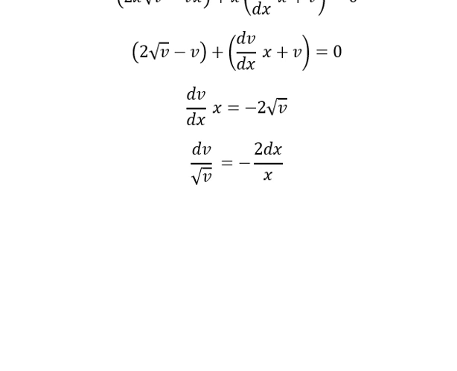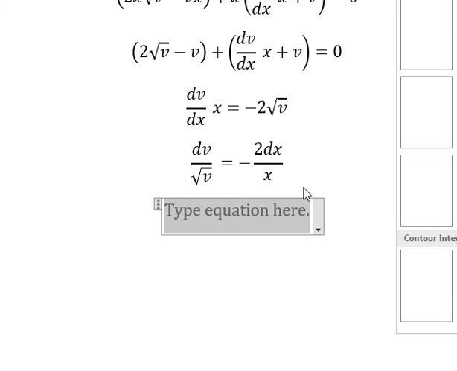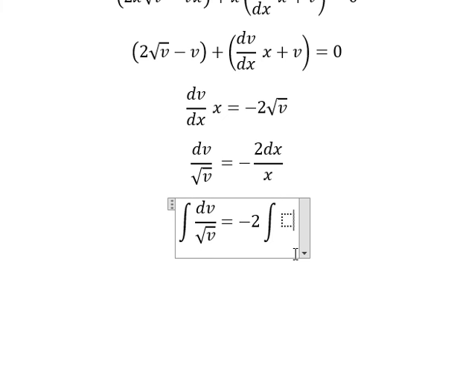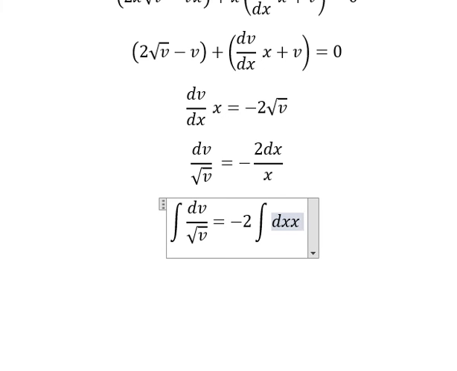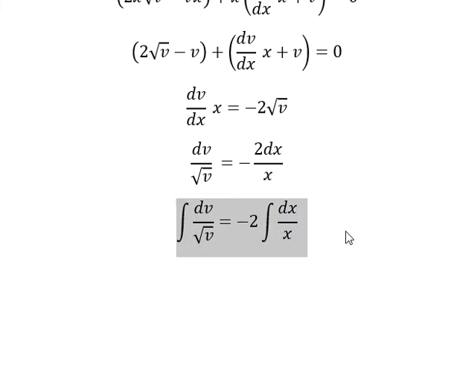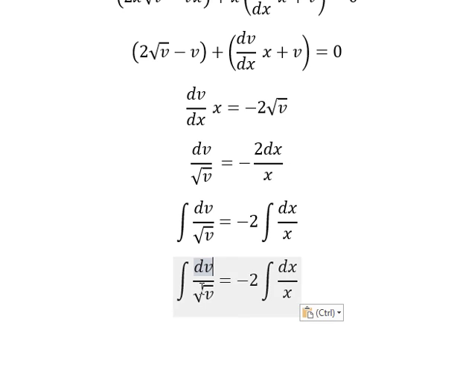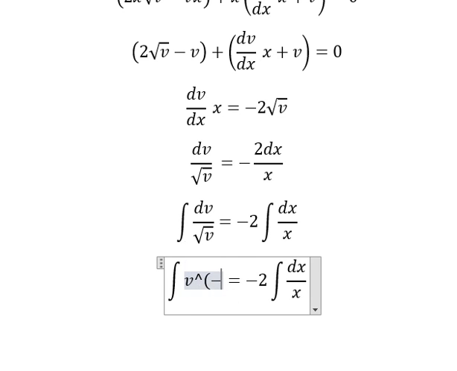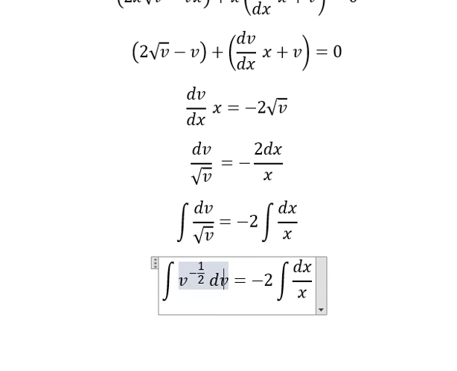Next, we put the integration for both sides. So this one we have v to the power of negative 1 over 2 dv.